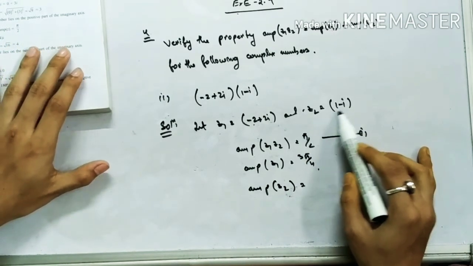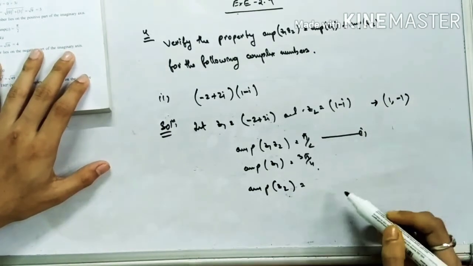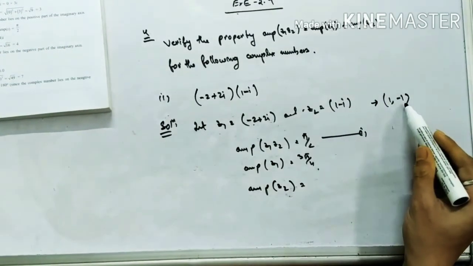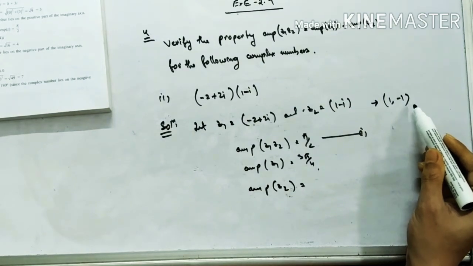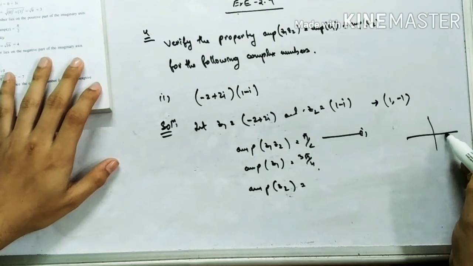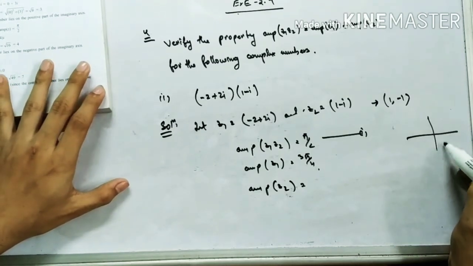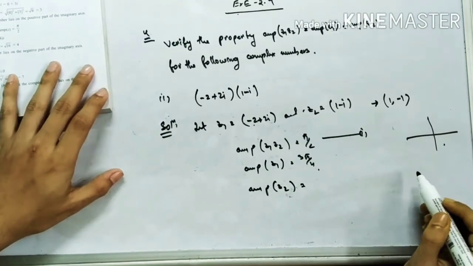The point represented by this complex number will be 1 comma minus 1. So this point lies where? The x coordinate is positive and the y coordinate is negative. That means it lies on the fourth quadrant.